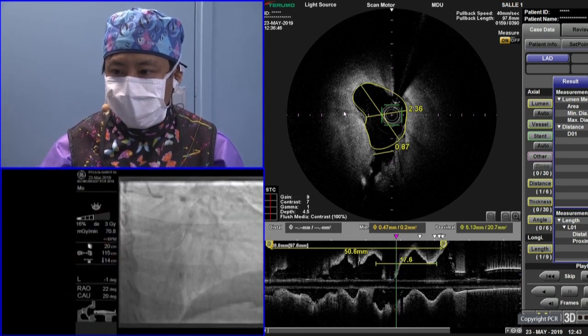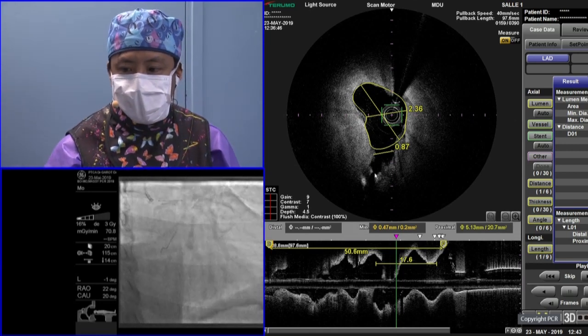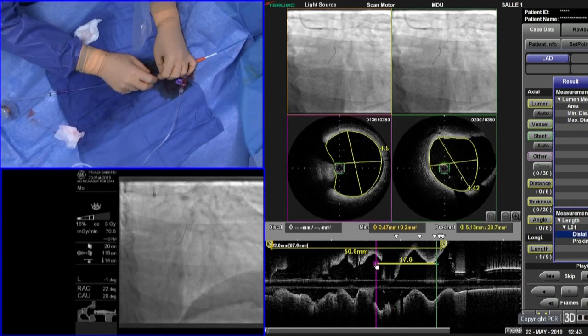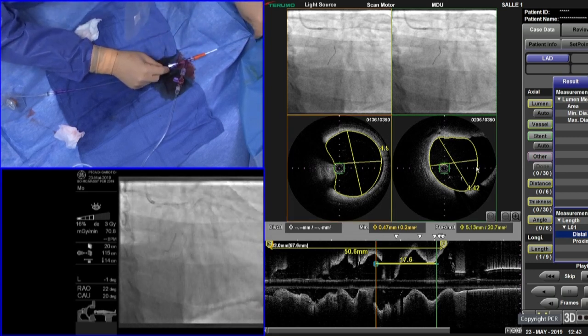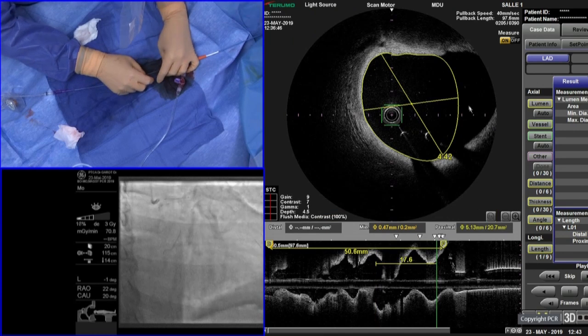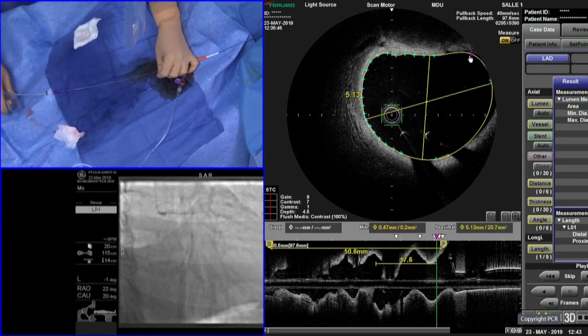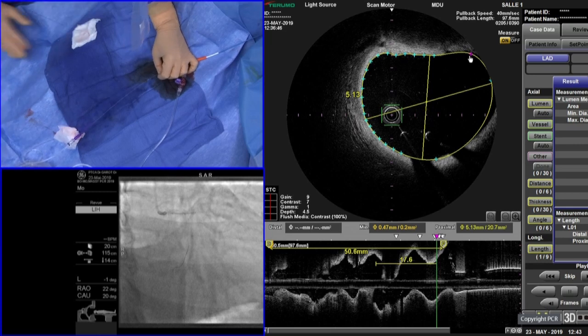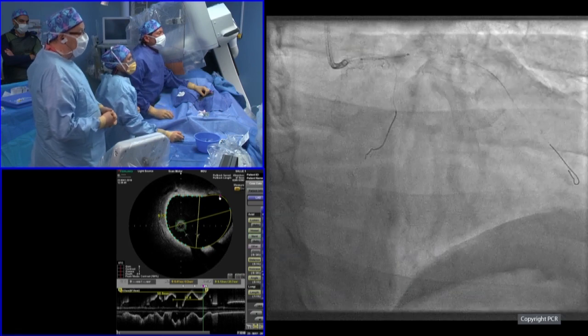With respect to the landing zone diameter, I think we already have selected the stent diameter. I don't think we have any other choice but the 4.0 stent diameter. Yes, so we select, as usual, the stent in reference to the distal diameter of the bifurcation, so it's easier, the proximal LAD.